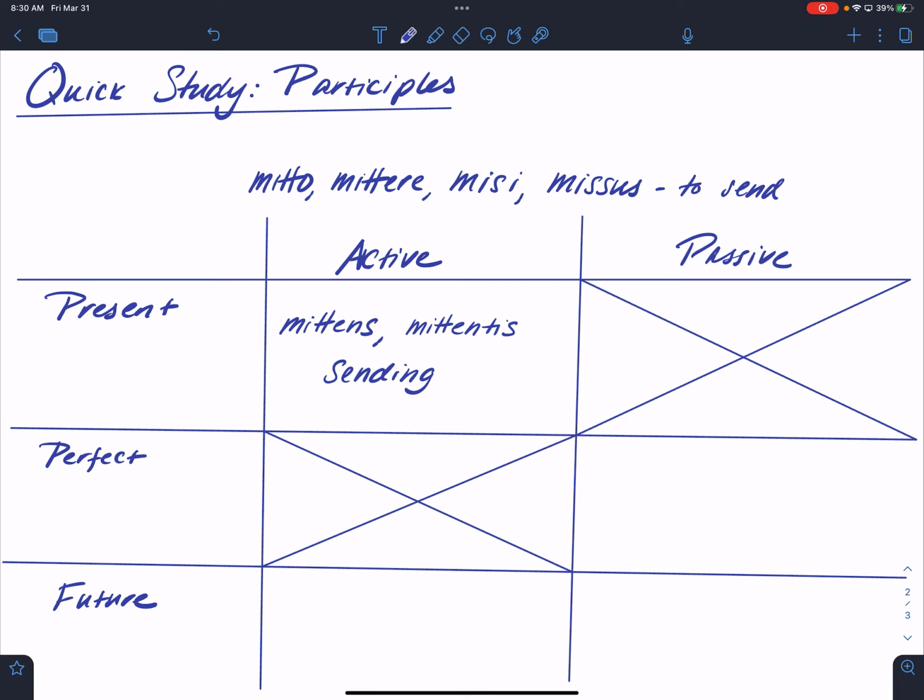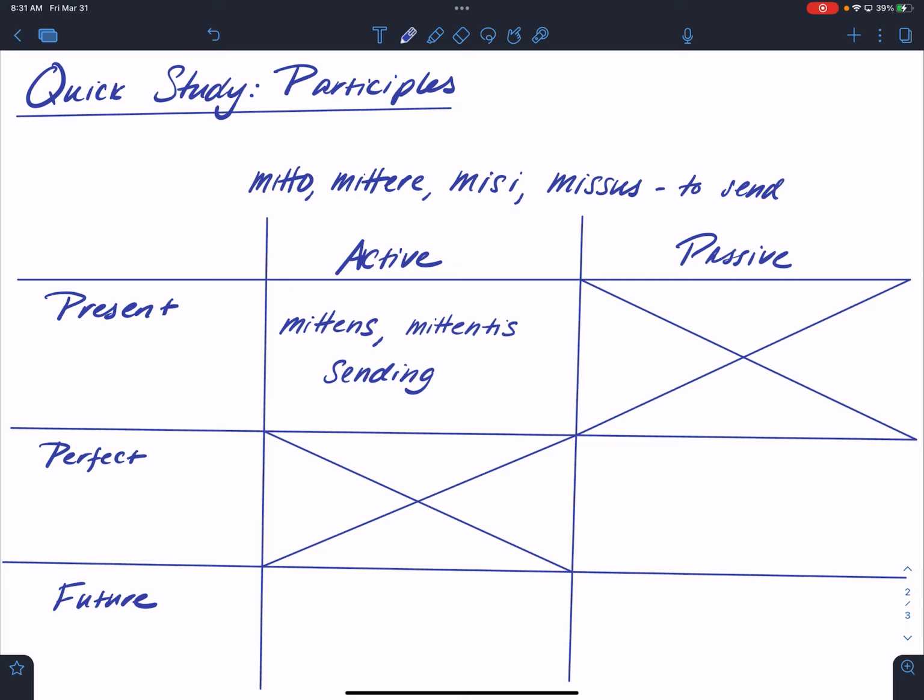Okay. Now, the perfect passive participle we had to talk about in order to form passive verbs. Okay, so think back to passive verbs in the perfect verb system. In the present verb system, passive verbs just have the endings, but in the perfect verb system, do you guys remember how that worked?